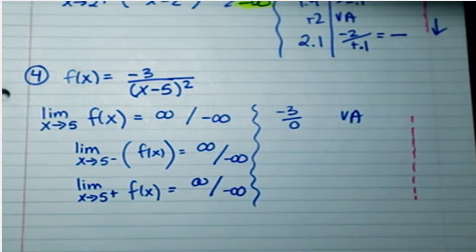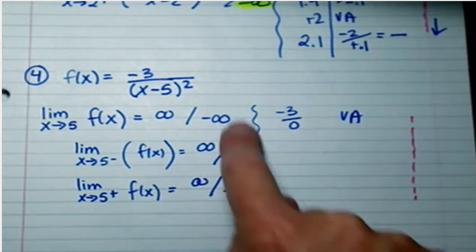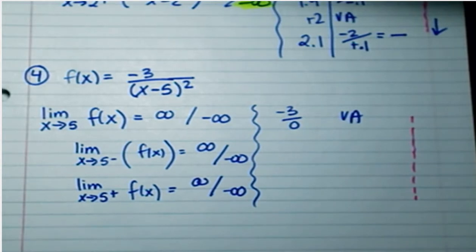All right, what do I do first? Well, what do I do after I determine it's a vertical asymptote? Somebody new, come on. Any input? I don't want to get popsicle sticks and call your names, but I will.